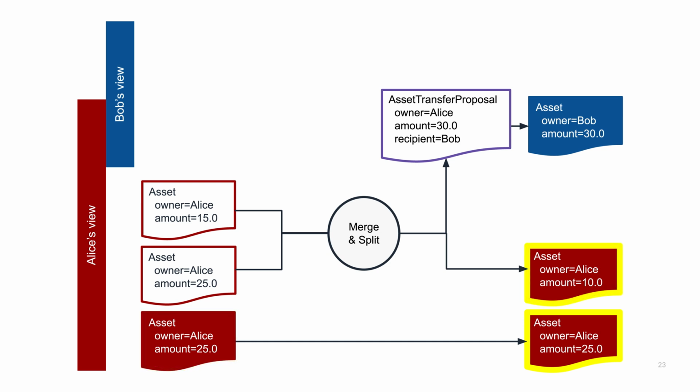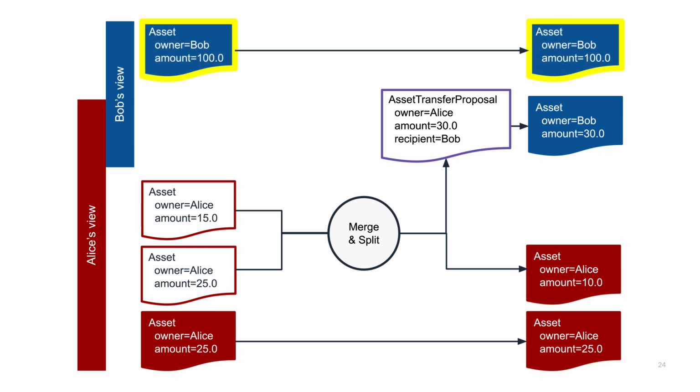Alice's assets with the values of $10 and $25 are the unspent transaction output, which can potentially be merged and split to be spent in her future transactions. If Bob has another asset contract with a value of $100, this contract is also not involved in the transfer transaction and therefore is not revealed to Alice.